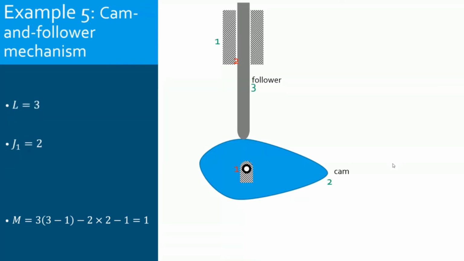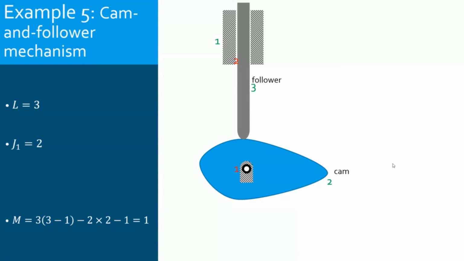Here we have 3 links. We have the cam, we have the follower, and of course, first we have the ground. So in all, L equal 3. For J1, we have 1 pin joint, because the cam has a rotation motion about the ground.